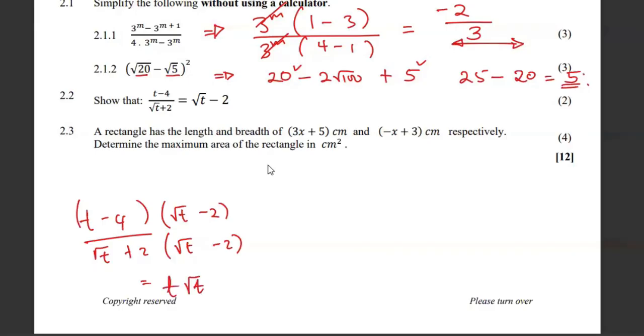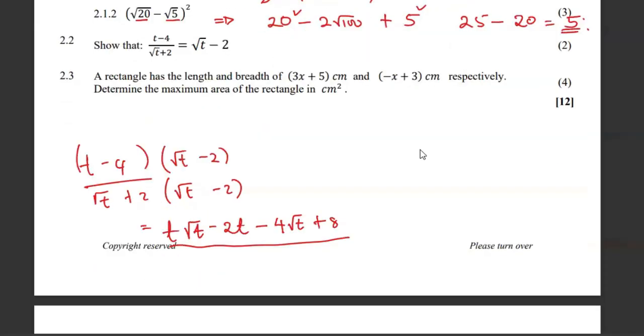This and this is minus 2t, minus 4 root t. And then that's a plus 8 over. At the bottom is a difference of 2 squares, which is just going to be a t, no, it's just a t, sorry. So it's a t minus 4.